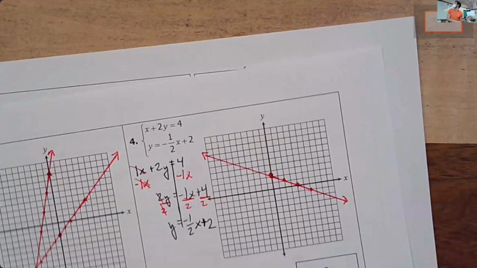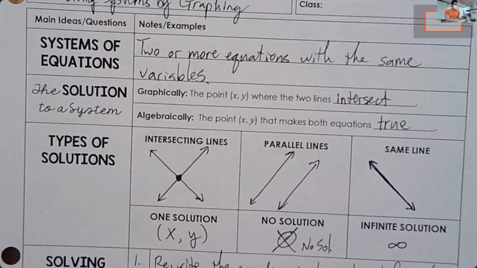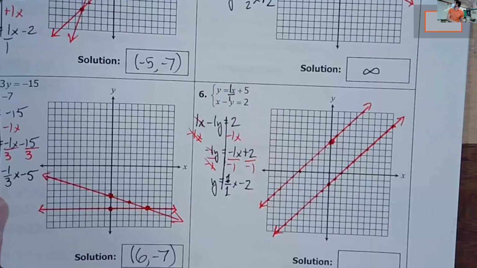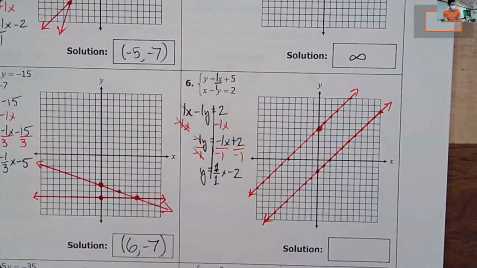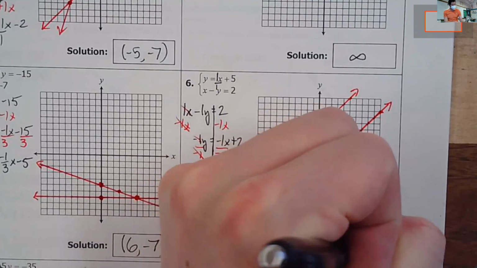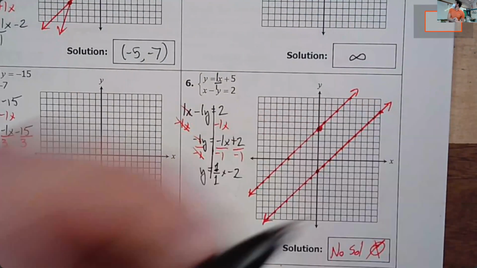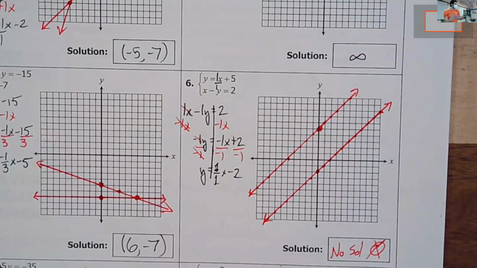And we wrote down on the first page that parallel lines have no solution because they don't intersect. So on number 6, these two lines do not intersect, which means we have no solution. You can write no solution, or you can write 0 with the x through it to say no solution. Either one of those is good for your answer on number 6.